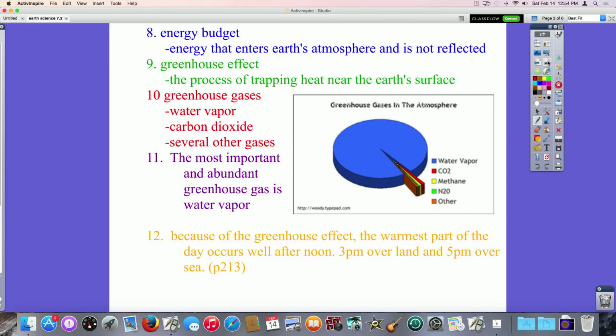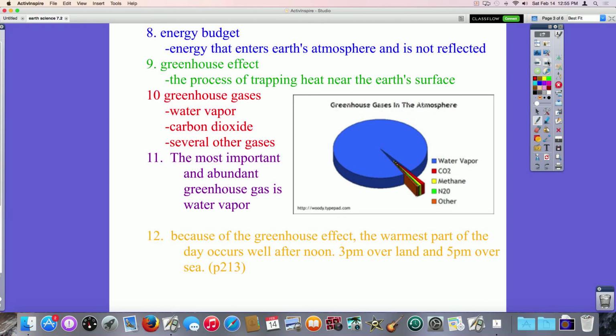And as a result, we do have an uneven distribution of sunlight and radiation throughout the planet. Also consider that half the planet's dark and half the planet's light at a time. Again, uneven distribution. Now, something that kind of counteracts that uneven distribution is the greenhouse effect.